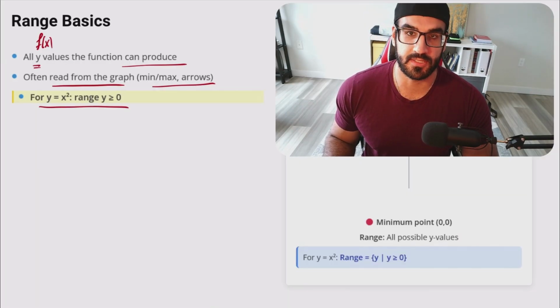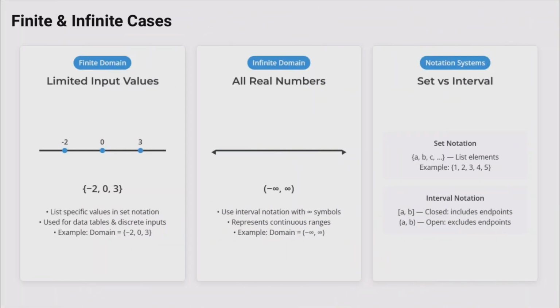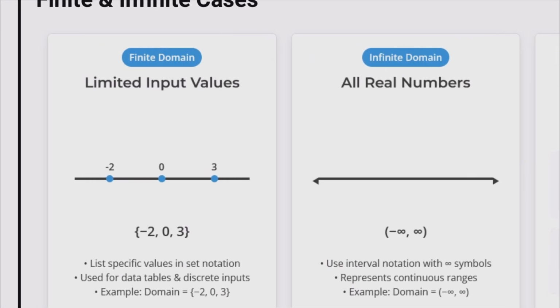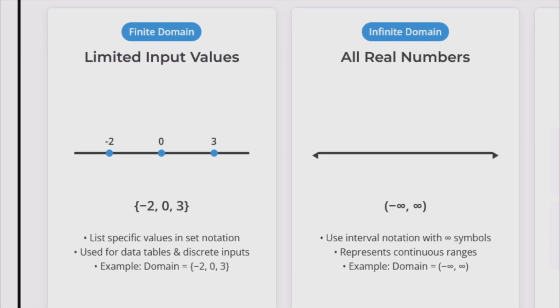So let's continue. Let's talk about another concept: finite and infinite cases. At this point, rather than just talking about the range, we are going to talk about the limited input. We have a finite domain. It means I can only have a finite, specific amount of inputs.